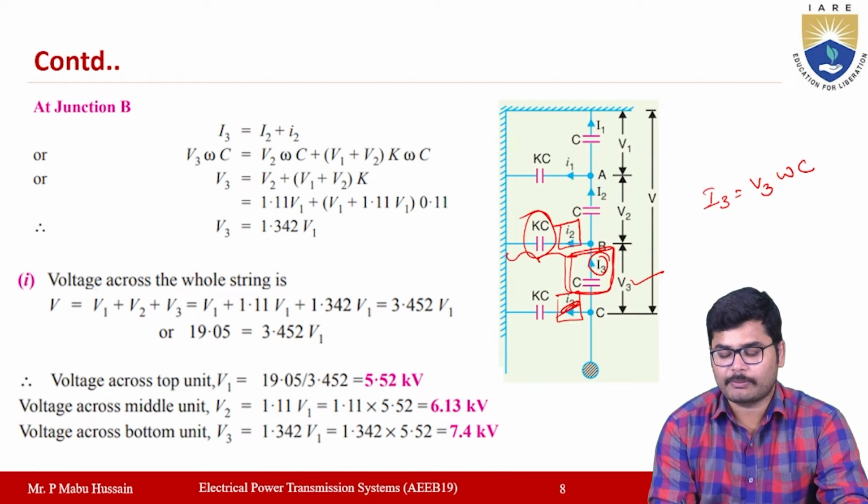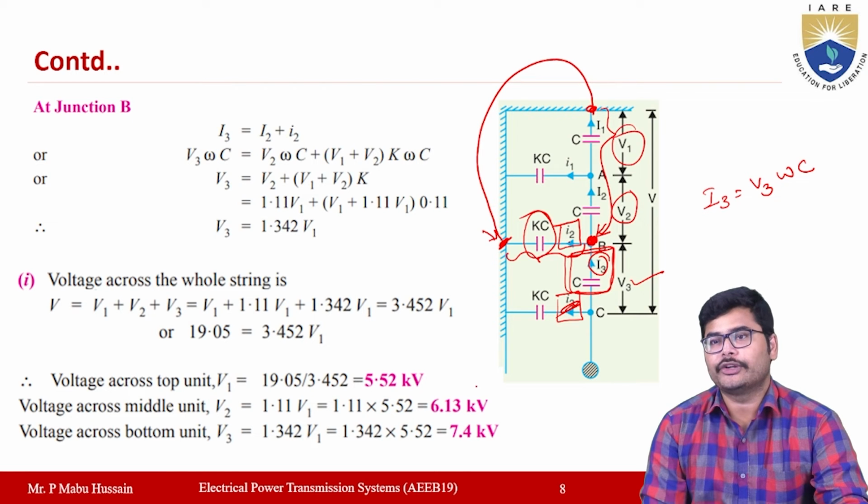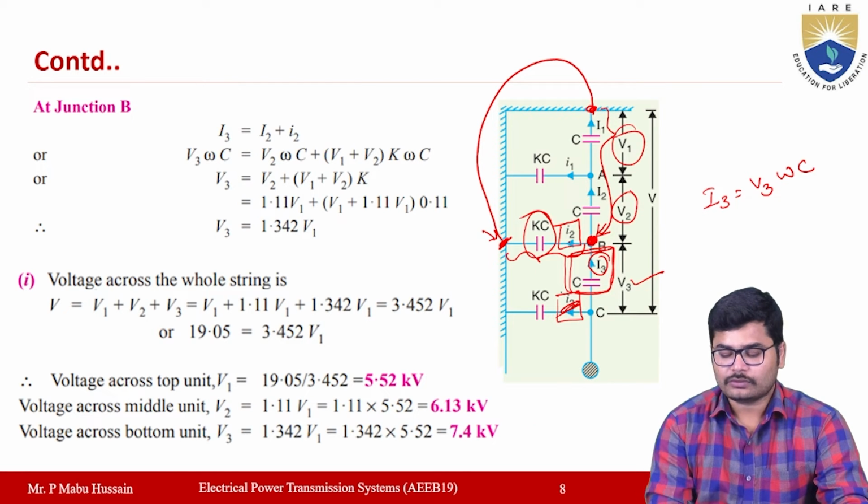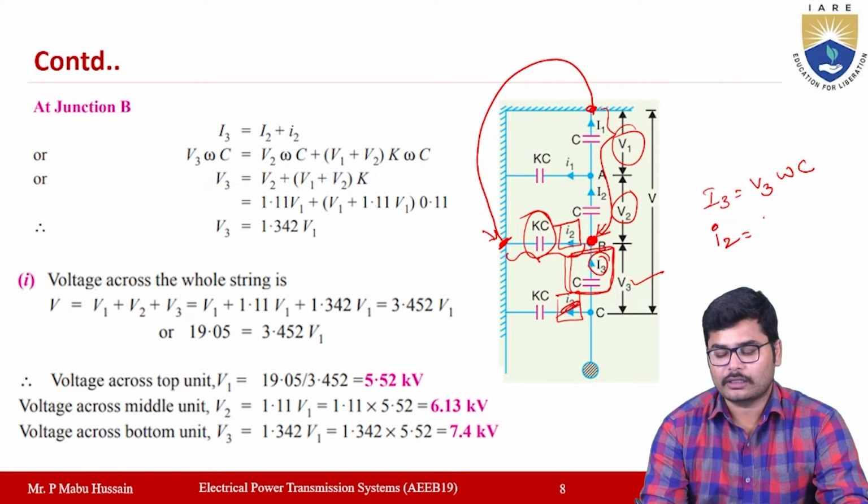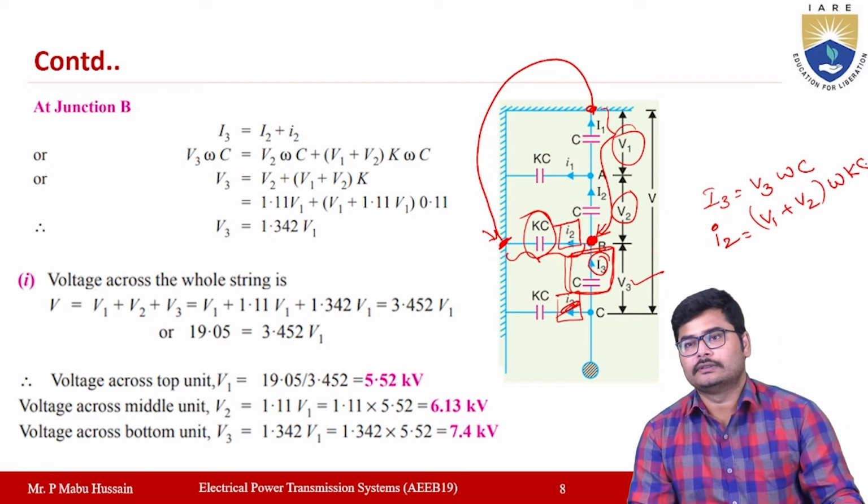The voltage across this capacitance is the voltage across this point and this point, but this point is the same as this point. So the voltage across these two points is V1 plus V2. So the value of small I2 will be (V1 plus V2) into K omega C, you will get, right?